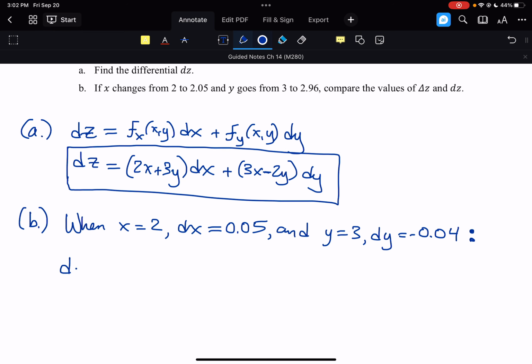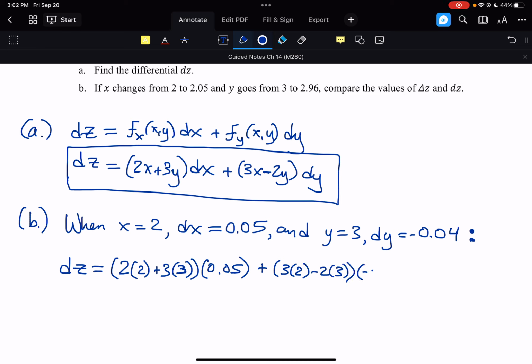So we just got the formula for dz, so let's go ahead and substitute that in right now. So we get 2 times 2 plus 3 times 3 times dx is 0.05 plus 3 times 2 minus 2 times 3 times negative 0.04, which that whole term will become 0.